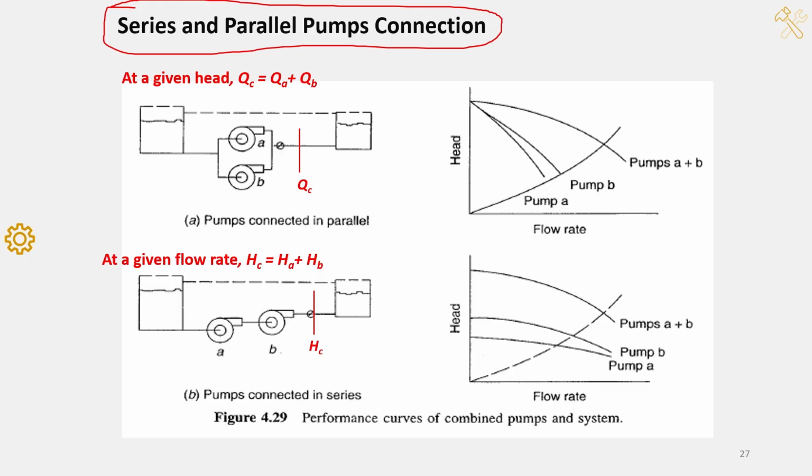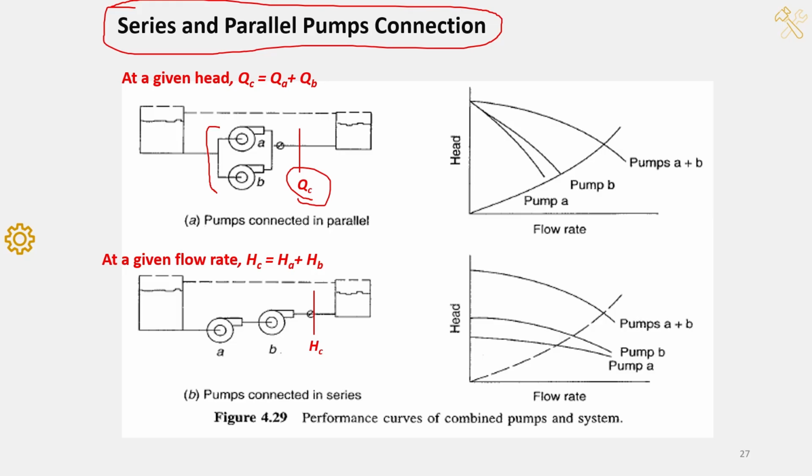So if you want to increase the flow rate of the fluid, then you have to put the pumps in a what? And here we are talking in general, whether you have two similar pumps or two not similar pumps.